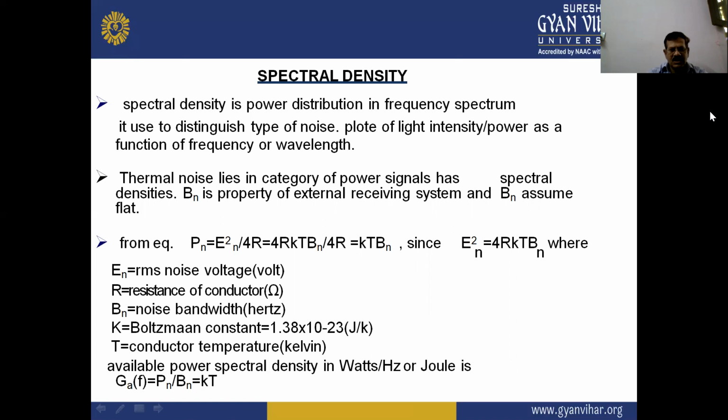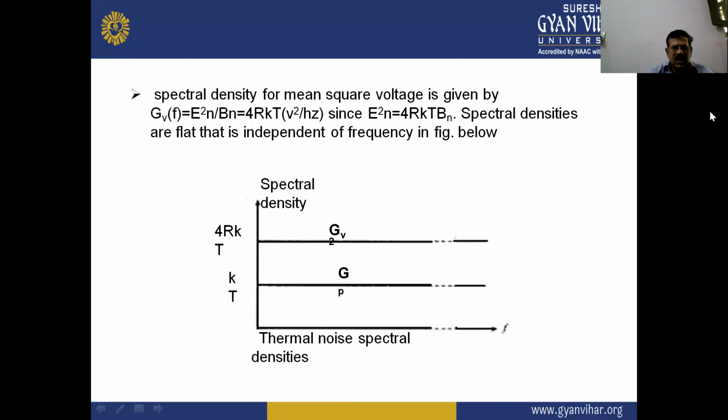So the available power spectral density in watts per hertz or joules is Gp(f) equal to Pn upon Bn equal to kT. So this is the formula. The spectral density of mean square voltage is given by Gv(f) equal to En square upon Bn, or equal to 4kT volt square per hertz, since En square equals 4kTBn.